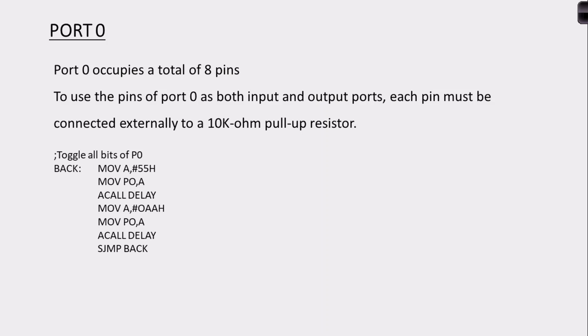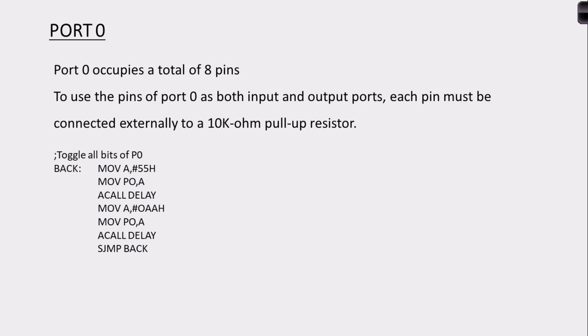If you want the same port to act as an output port, then all the bits should be passed with logic 0, and it will be an output port. If you pass logic 1, then that will be an input port.